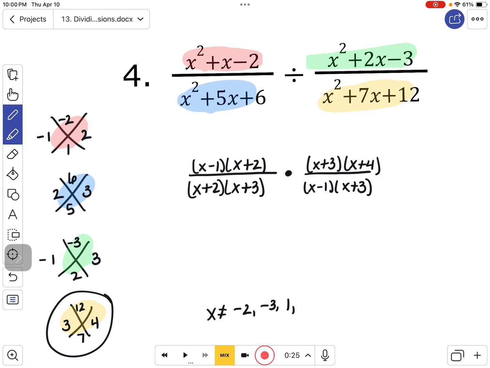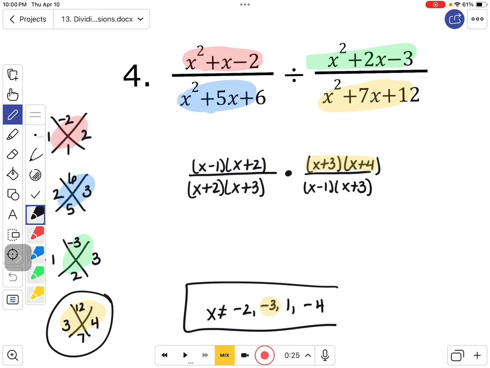So they're the top ones right here that used to be on the bottom. So now we have to show the opposite. So the opposite of a +3 is a -3, but I have that right here, so I don't have to re-show that. Now I need the opposite of a +4, so that's going to be a -4.